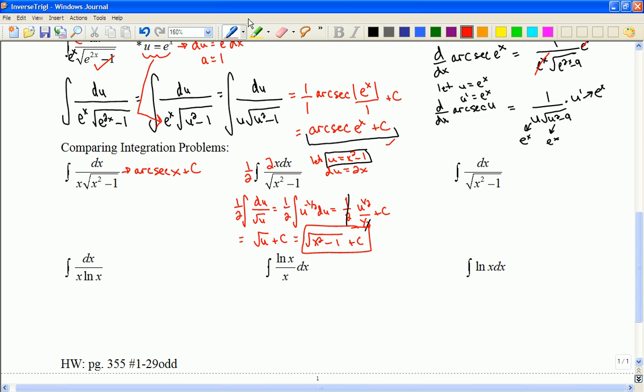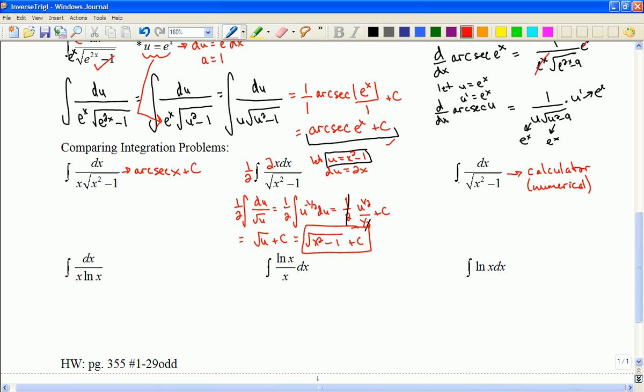So as deceptively simple as it looks, this one would be a calculator problem. This is one that we'd be doing with numerical integration. Now just to be clear, you won't be asked on the AP exam to integrate something that can't be integrated with your techniques. This question would be different.